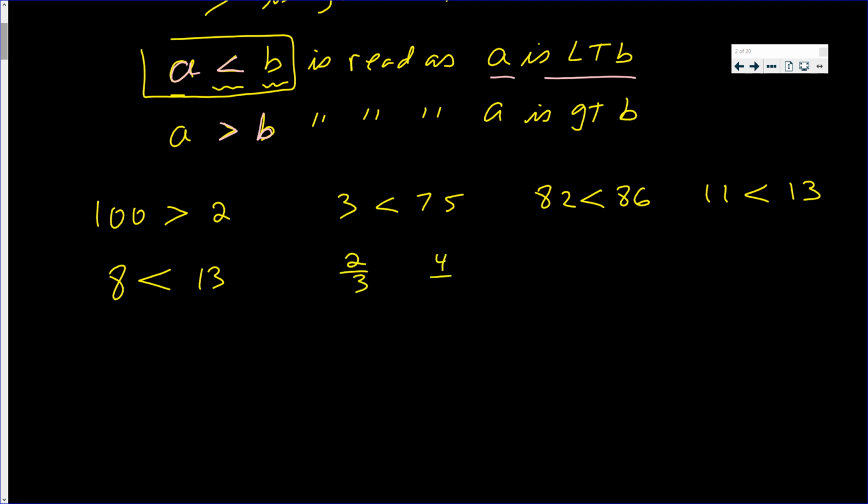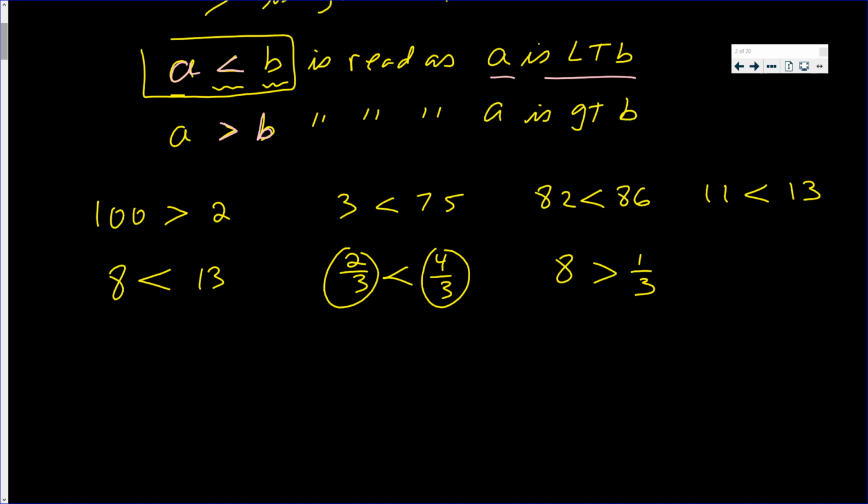2/3, 4/3. This is less than 1. This is more than 1. 2/3 is smaller. Arrow goes to the 2/3. If you have 8/3, which is more than 1, and 1/3, which is less than 1, the 1/3 is smaller.